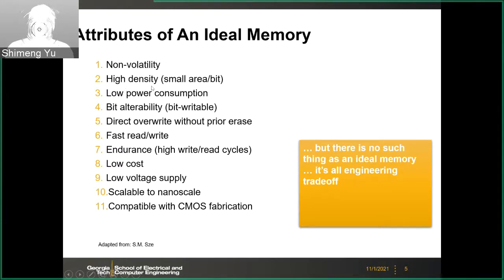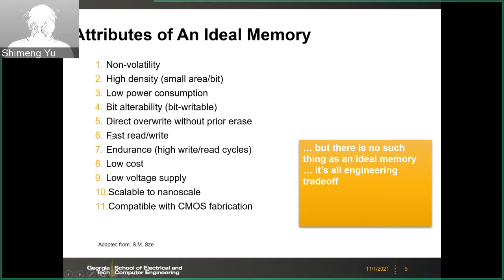And you want high density, small area per bit, no power consumption, and bit writable. This is like the random access memory. You want to directly write without prior erase. This is with respect to the NAND flash we discussed before, where you have to do the block erase.